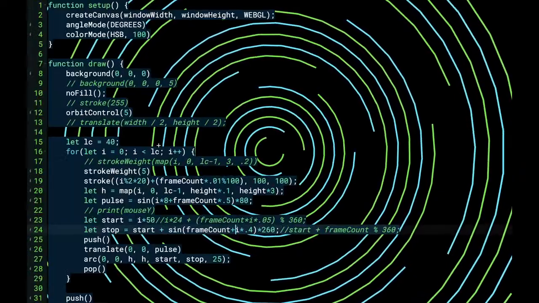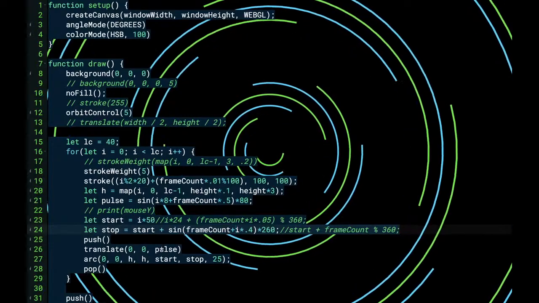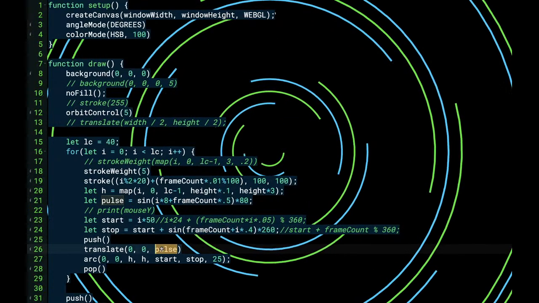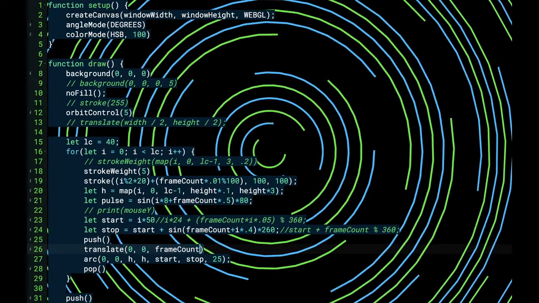Yeah, I think it's quite interesting when you're without the orbit control, just playing with that 3D space of them actually coming at you.